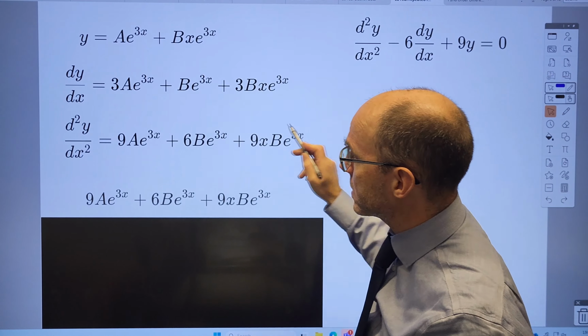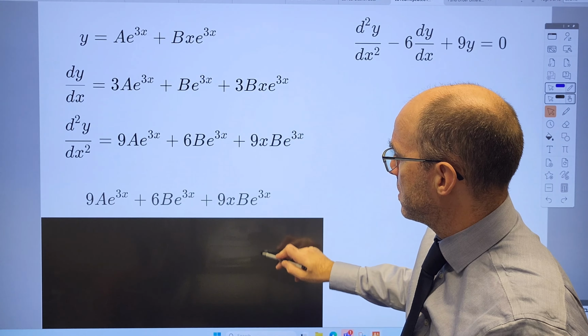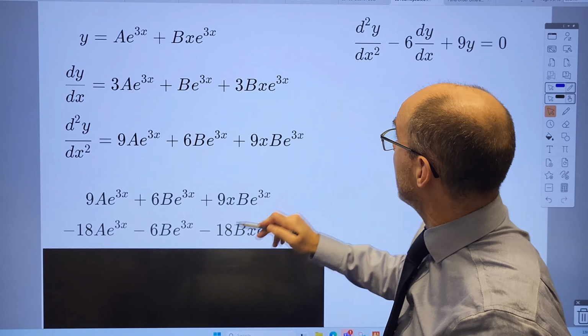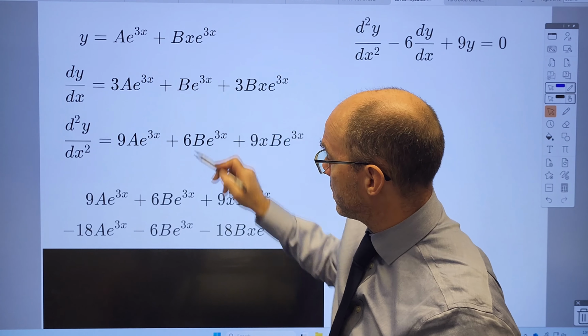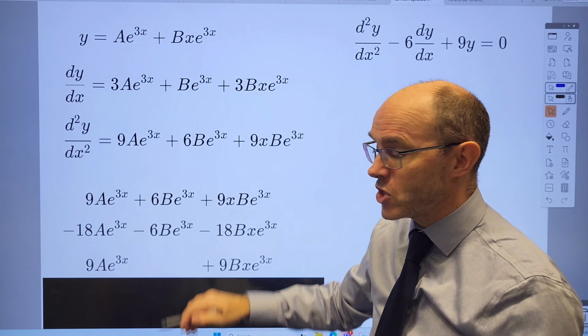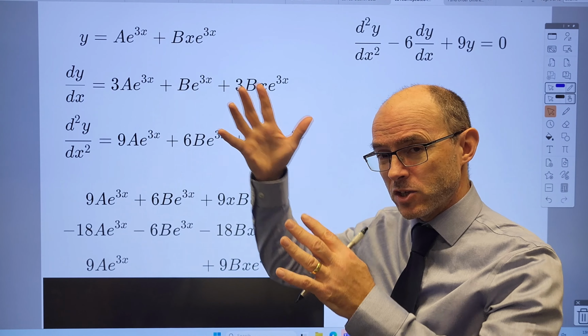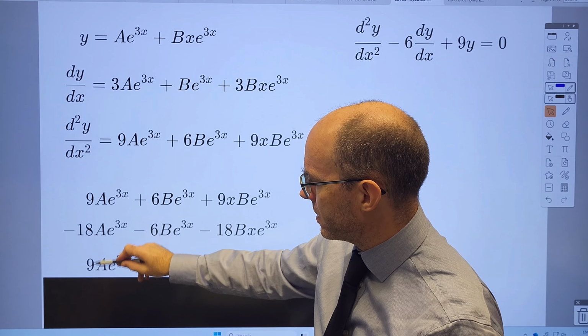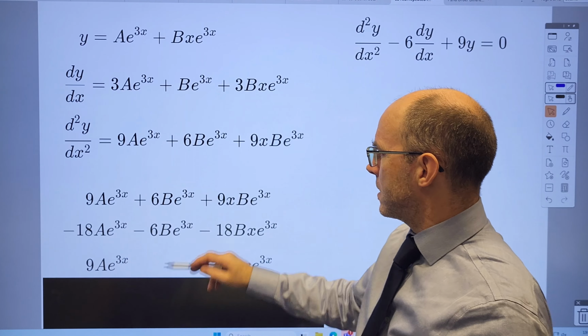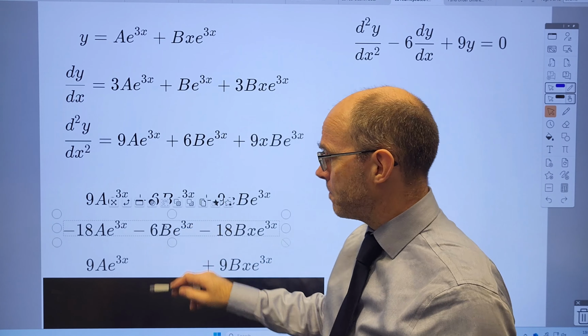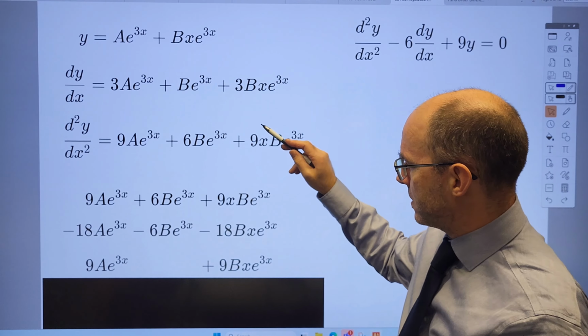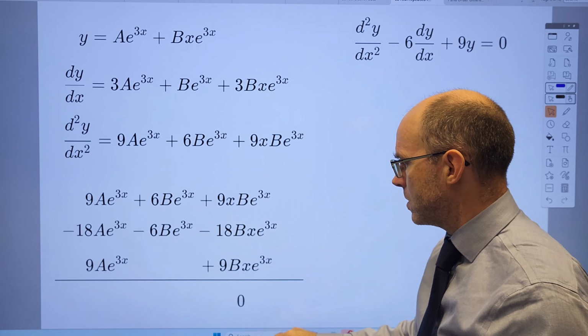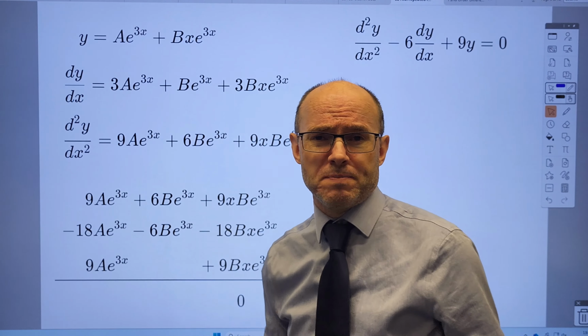Negative 6 dy/dx, so negative 6 multiplied by this, which gives you that. 9 multiplied by y, which gives you that. And then just check. So I've done it so that you've got the like terms underneath each other. So these are the like terms. 9, 9, negative 18, 0. 6, negative 6, 0. And then this one, 9, 9, negative 18, also 0. All checks out. So it gives you 0.